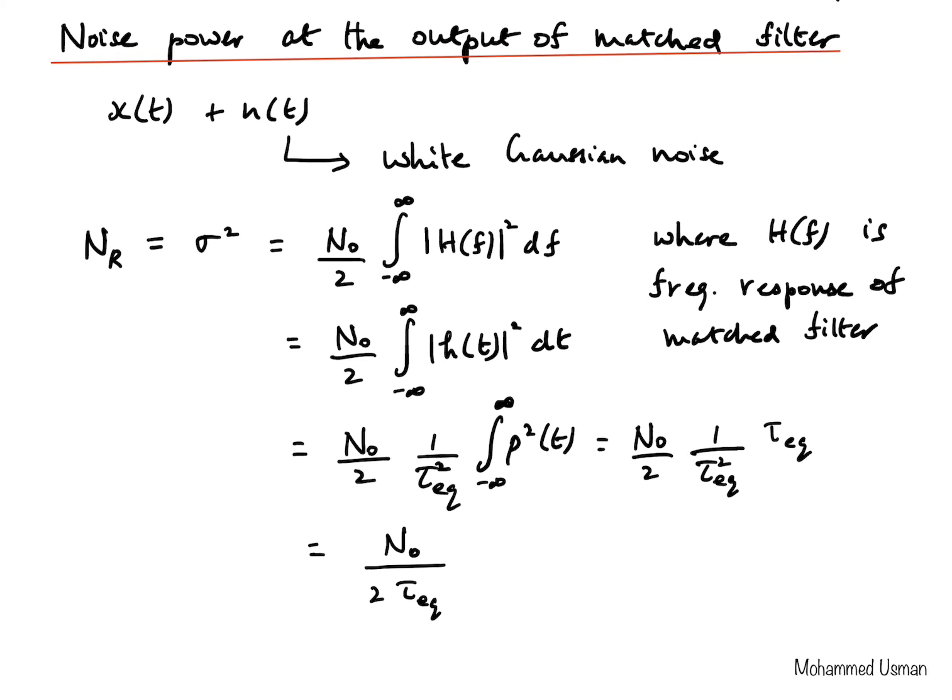So the expression for the noise power at the output of a matched filter is N naught by 2 tau equivalent. This is the minimum noise power we can have at the receiver output for any kind of receiver filter. The matched filter produces the minimum noise power at its output as compared to any other receiver filter.